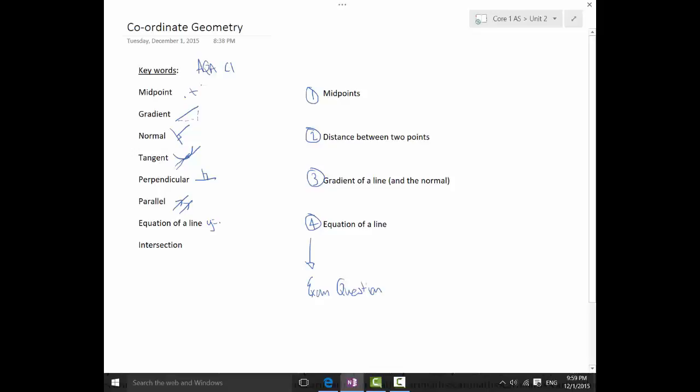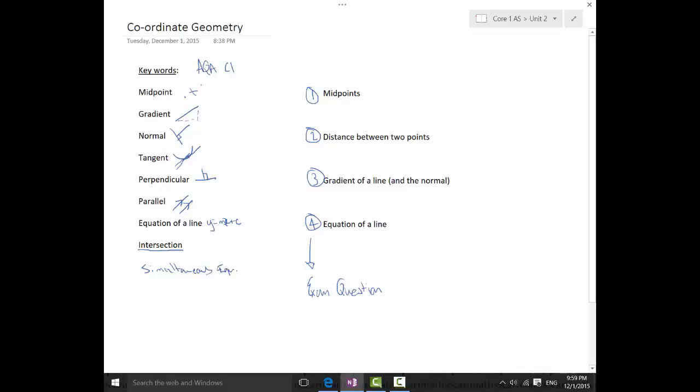At GCSE, the equation of a line was given by y equals mx plus c. However, at A level we may develop this a little bit further. But the most important word that you're going to see today is this word intersection. This creeps up an awful lot on the C1 papers and is definitely something that you will need to know. However, when you see the word intersection, what I would like you to think of is simultaneous equations.